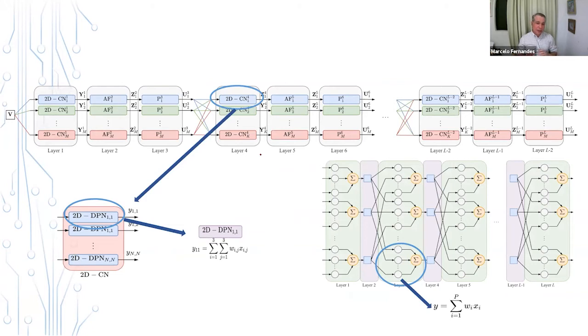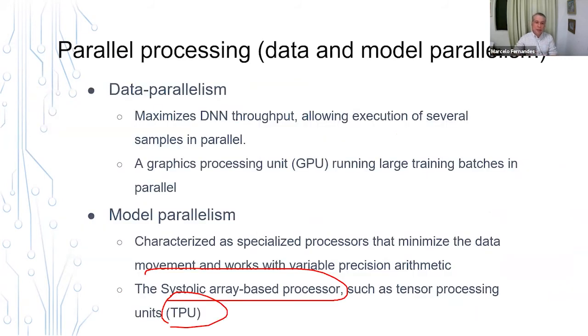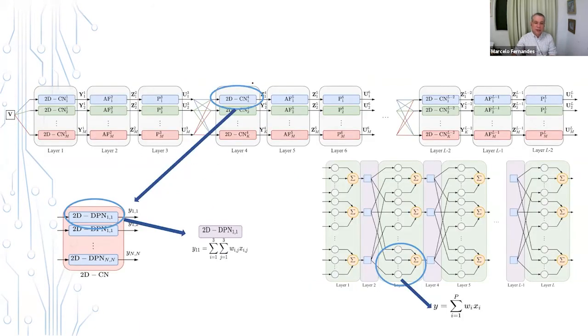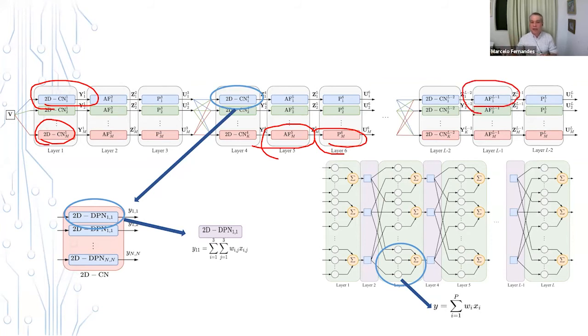Can I show you again the structure? Before, we talked about the algorithm. Now we will talk about the structure, because when we use data parallelism or model parallelism, you can put some part of the processing in a specific core or in a specific part of the hardware that you have.